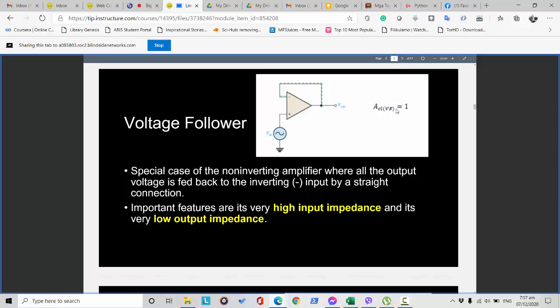The gain is the ratio of the output voltage to the input voltage. If they are the same, dividing the output voltage by the input voltage gives 1. Any questions so far?